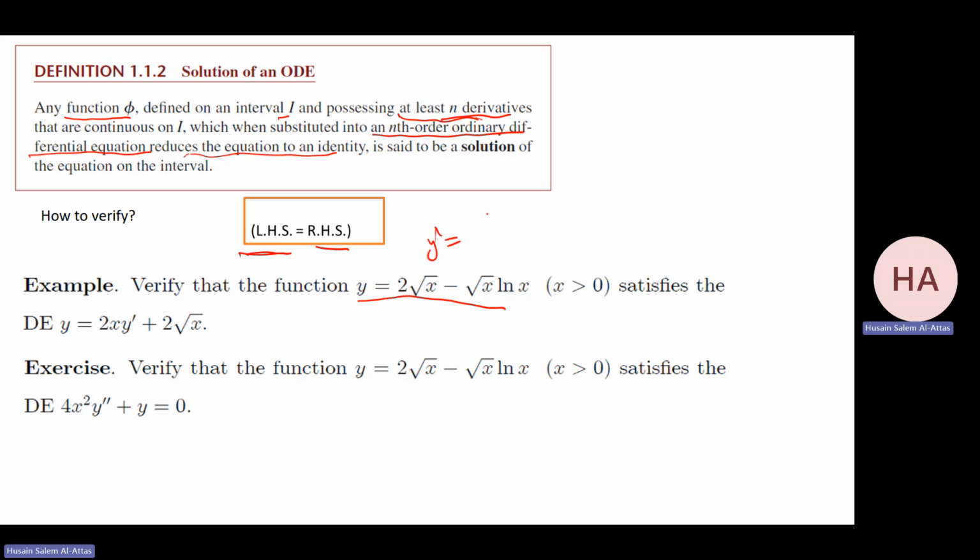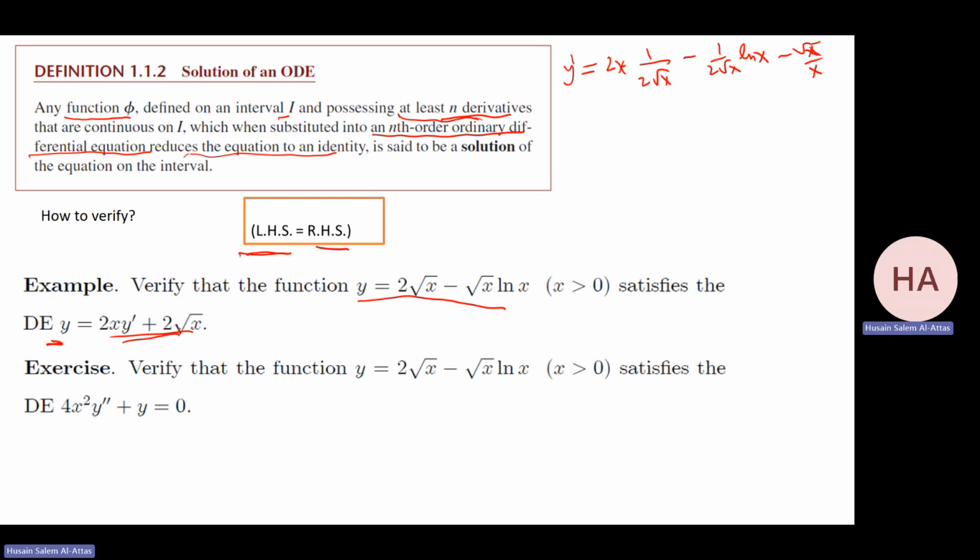Y prime will be 2 times 1 over 2 root x, and here I have the product rule, so 1 over 2 root x ln x minus root x over x, which is 1 over root x. Then I'll check that the left-hand side equals the right-hand side.